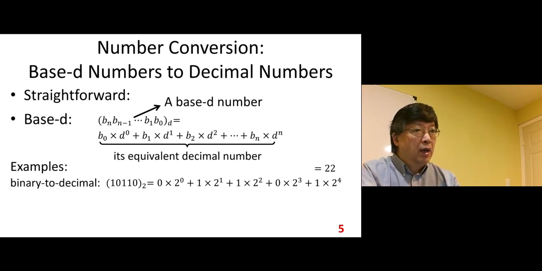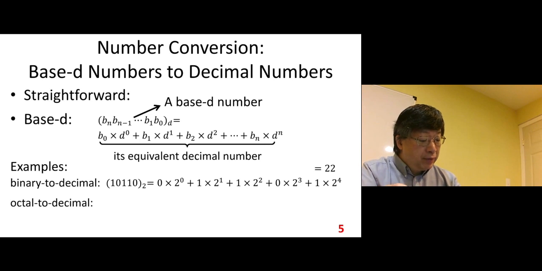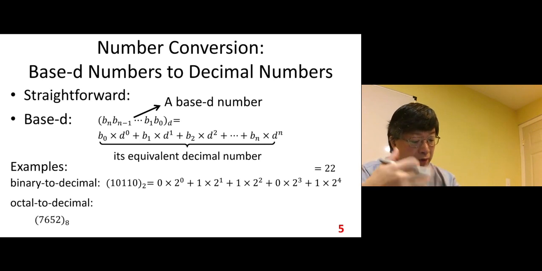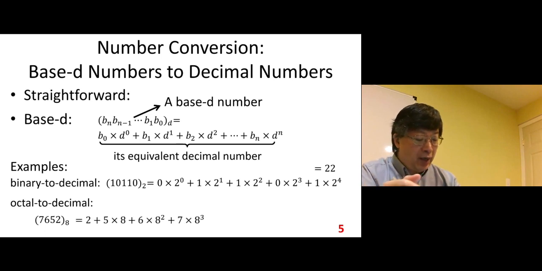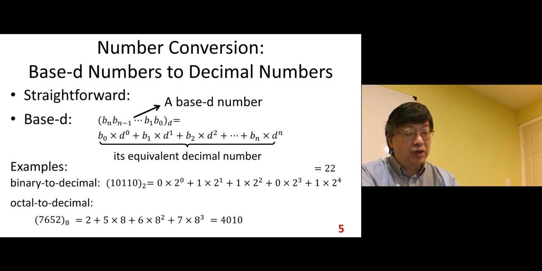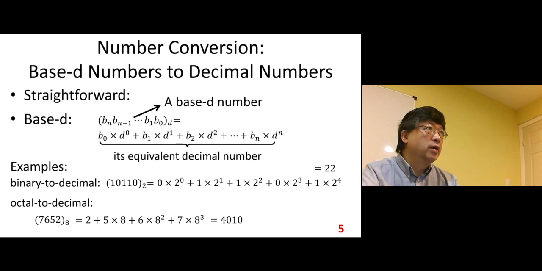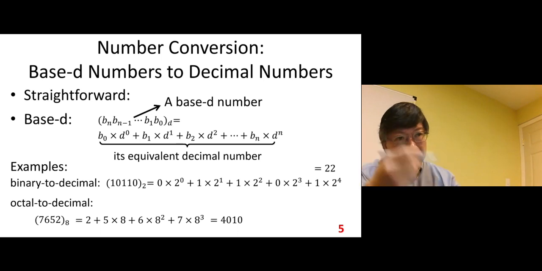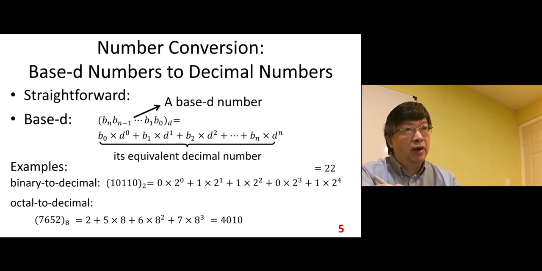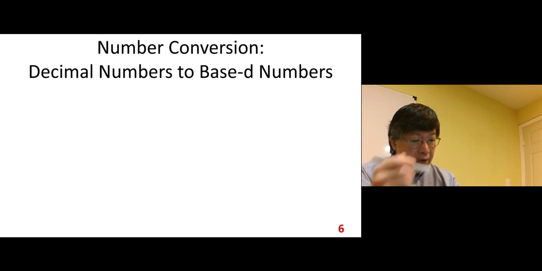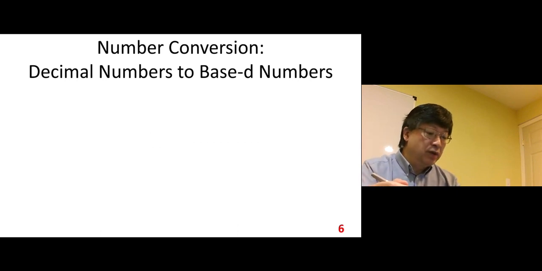Let's look at another one, from octal to decimal. The octal given in this way, we can plug into the formula, so we can get a decimal expression easily. So this direction is very easy, straightforward. The other direction is slightly harder, but not very hard.